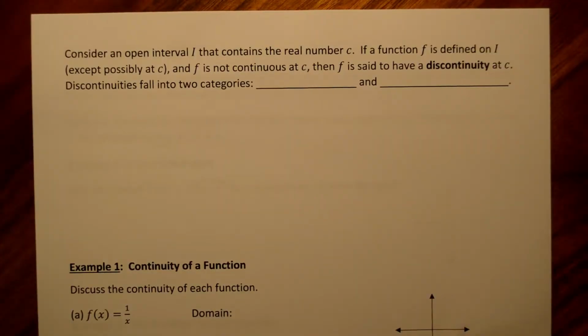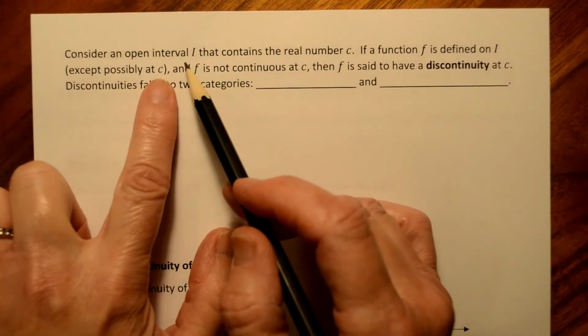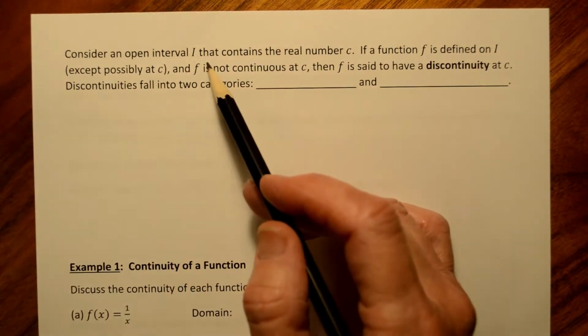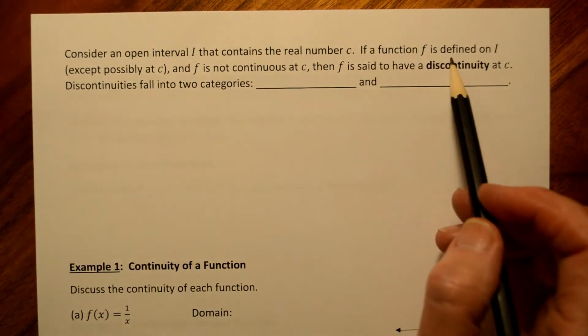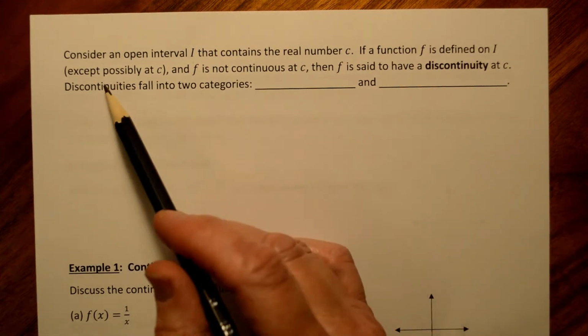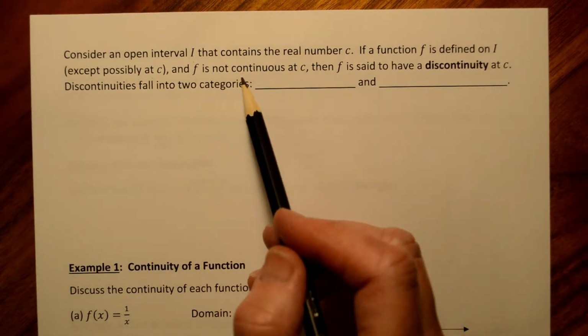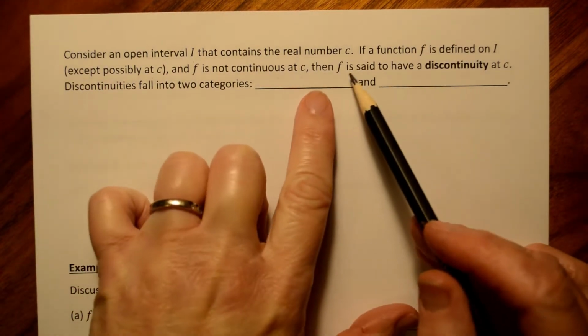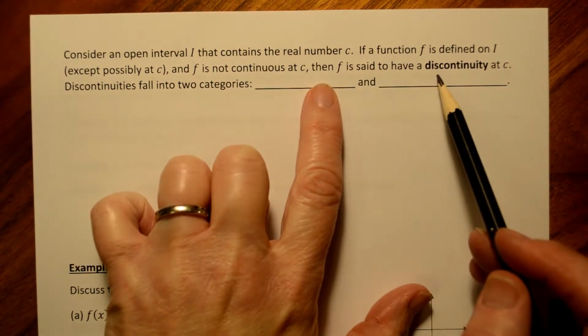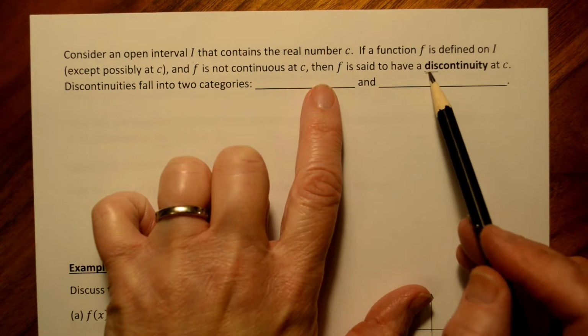Okay, next. Okay, so let's talk about an open interval. All right, so we've got some open interval I that contains that number c that we're talking about. If a function is defined on I except maybe at c and f is not continuous at c, then there are 2 different things that can happen. We would say that it has a discontinuity there, right?